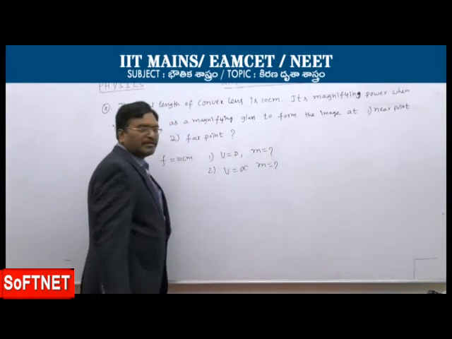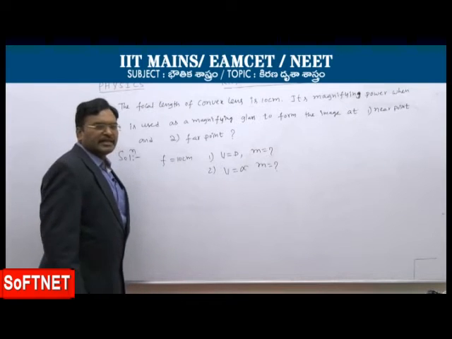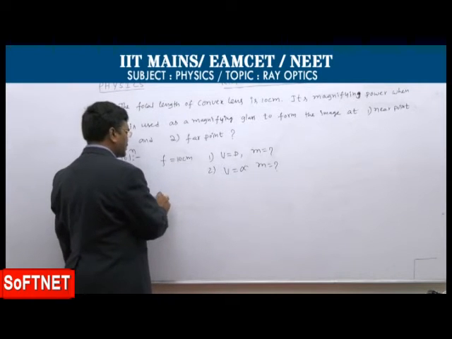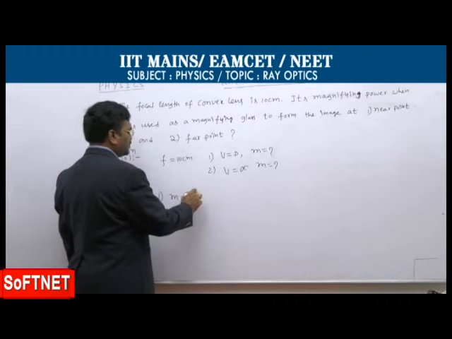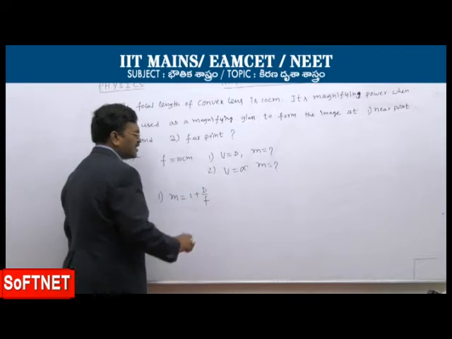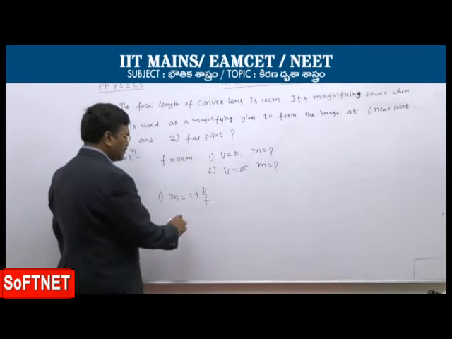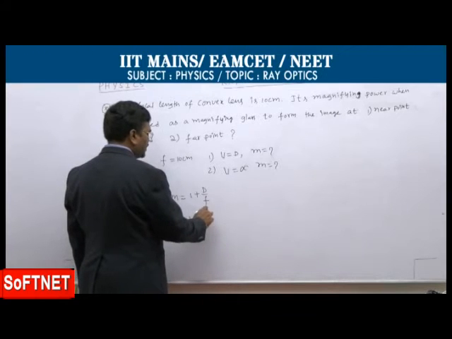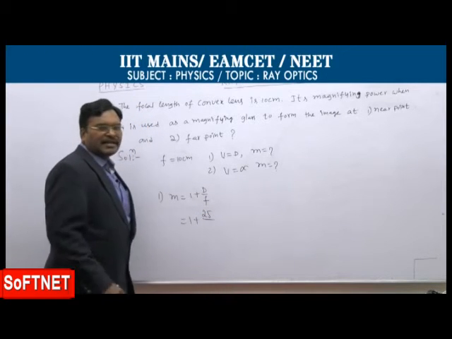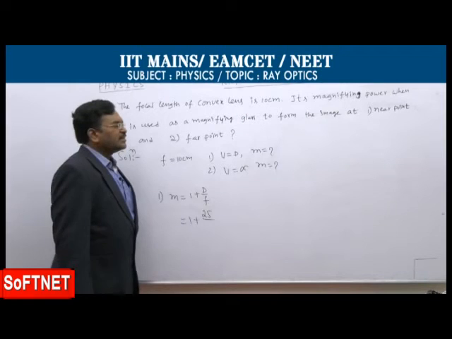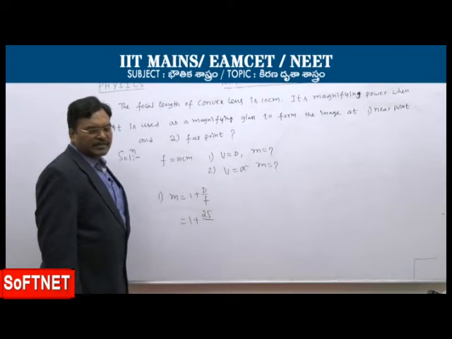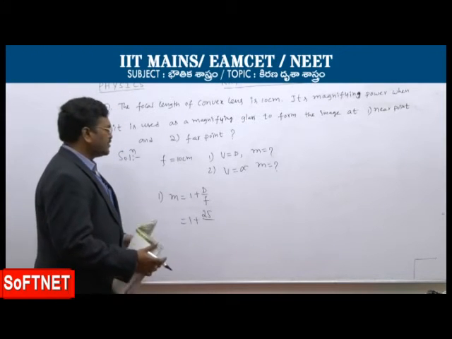You remember the formula for magnification, just now explained. First case, M is equal to how much? 1 plus D by F. D, 25, you remember. Capital D value is always 25. They did not mention, so you take 25. What is D? Least distance of distant vision.